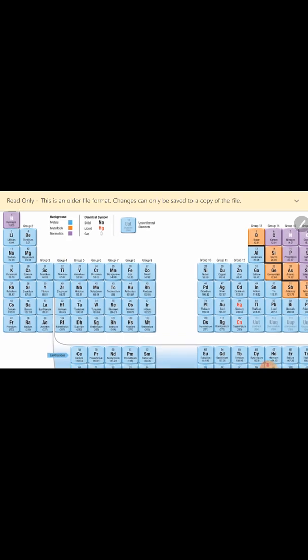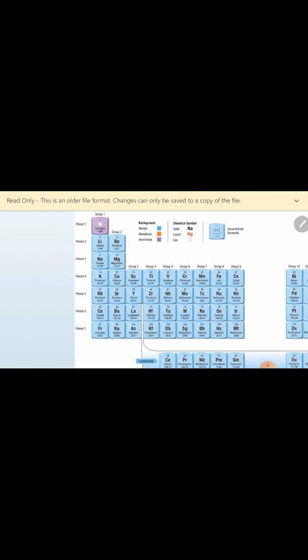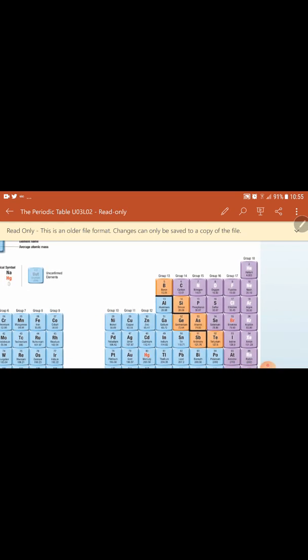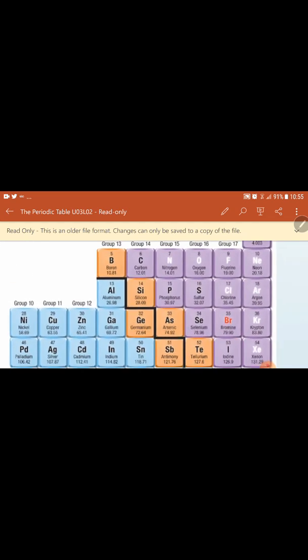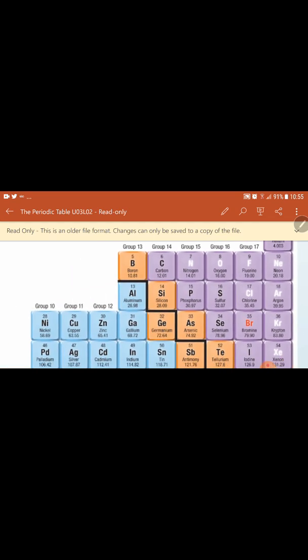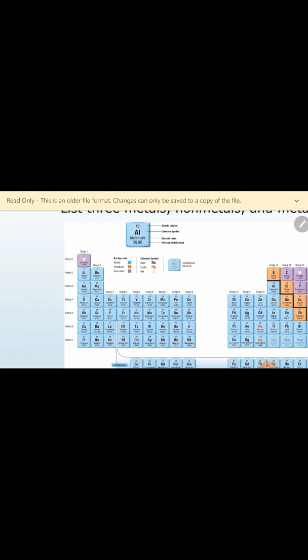We mean the rows or the lines. Like here, the first period, hydrogen, then helium. The second period, lithium, beryllium, boron, carbon, nitrogen, oxygen, fluorine, then neon, and so on.